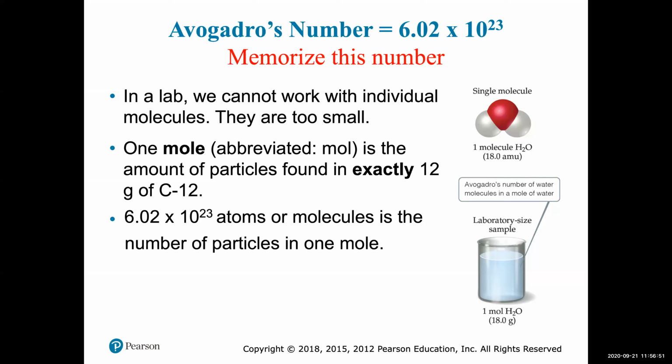There's something called a mole, and that's the amount of particles in 12 grams of carbon-12. The number of atoms, molecules, particles, etc., in 1 mole is 6.02 times 10 to the 23rd. And that's where this Avogadro's number comes from, it allows us to operate in moles.